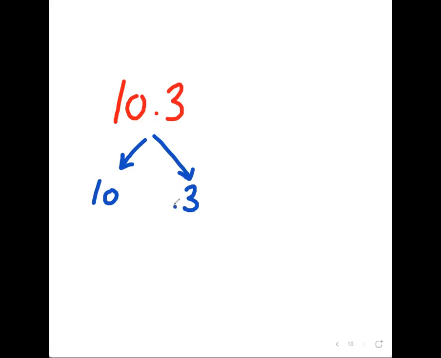I don't understand. Imagine, yes, you have 10.3. You're going to break the number into 2 parts. 10 and the 0.3 actually. So I want this in the fraction form. Yeah, it's a 10, but down is 1.